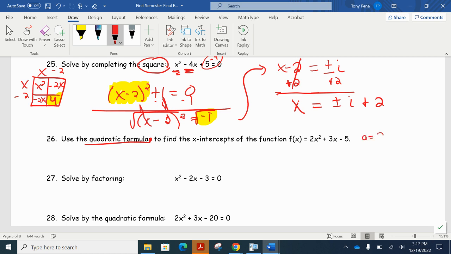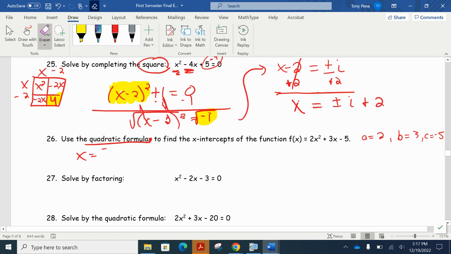Your A in this case would have been the 2. The B in this case is a 3. And then your C would be the negative 5. All right, and then our quadratic formula is initially a negative B. Our B is a 3, so that means we would want a negative 3.